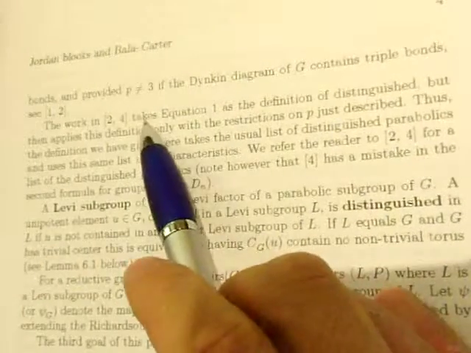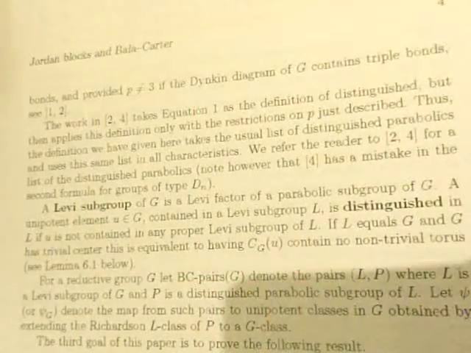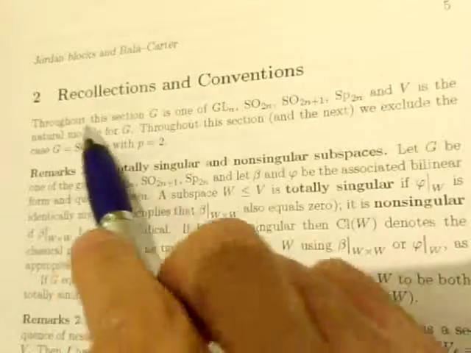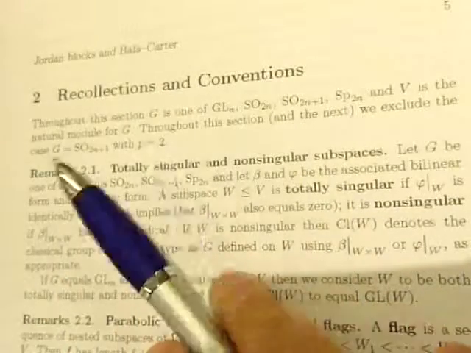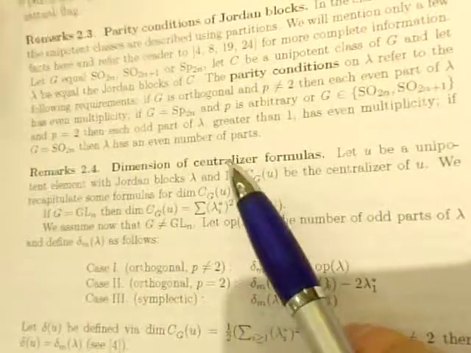And this work takes the equation definition distinction by applying the weight description just described. This relates to the requirement, the first, the context number per kernel. Group on the existence. Jordan block with some formula.